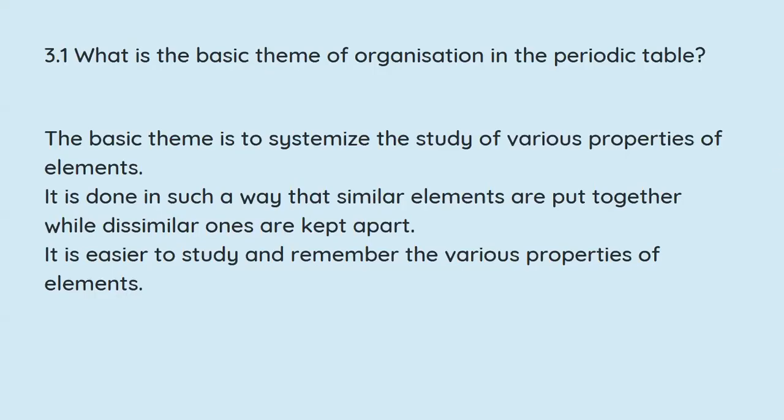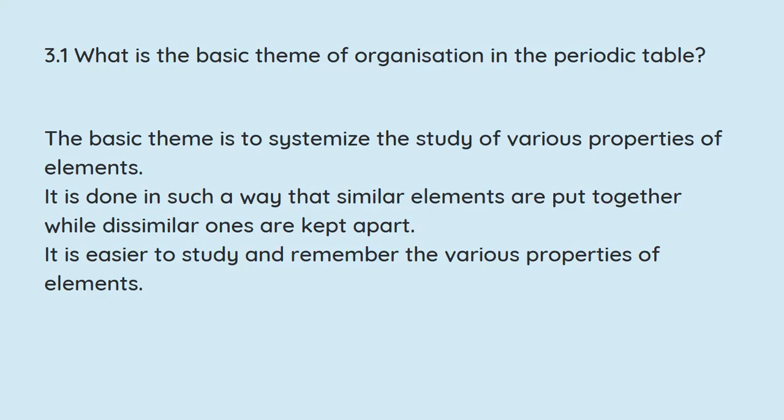What is the basic theme of organization in the periodic table? The reason we have the periodic table is for us to easily understand and differentiate between various elements. So the basic theme is to systemize the study of various properties. This is done to ensure that the similar elements are kept together and the dissimilar ones are kept apart. So it has made it quite easy to remember the properties of elements.